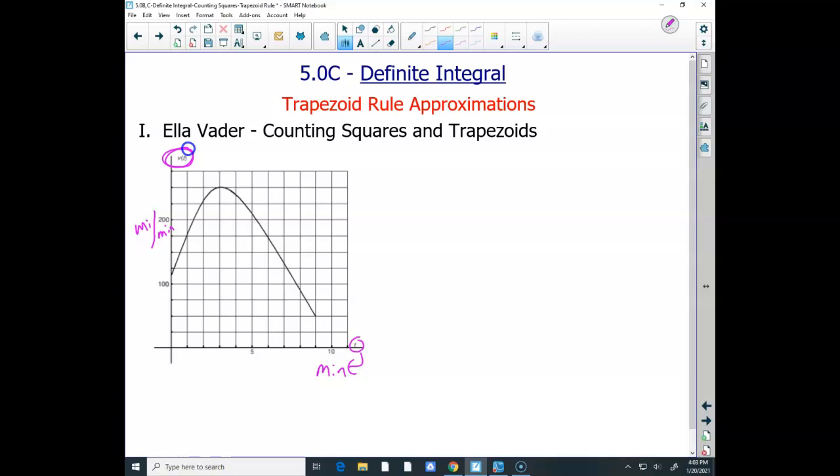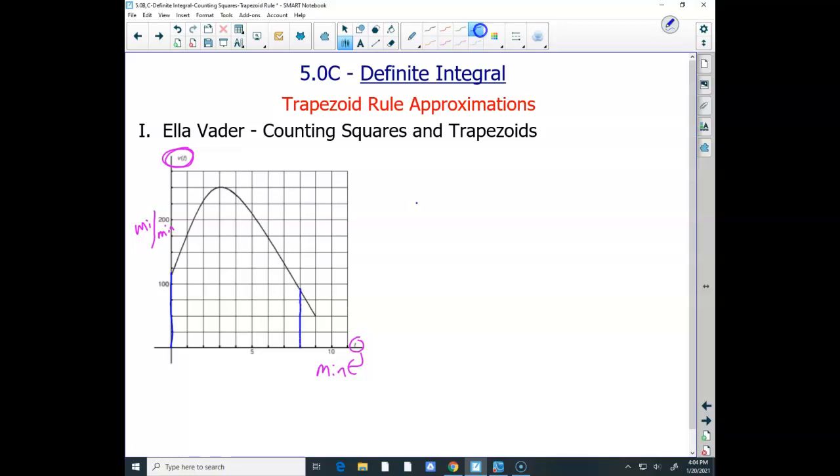What mathematical concept would be used to estimate the distance Ella goes between t equals 0 and t equals 8?